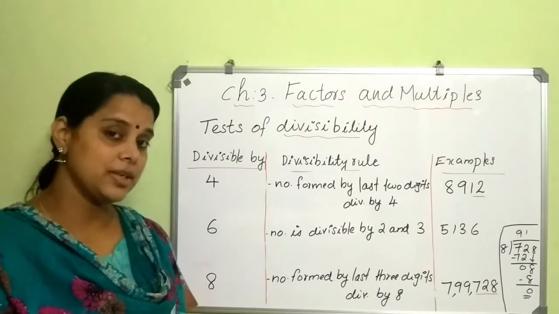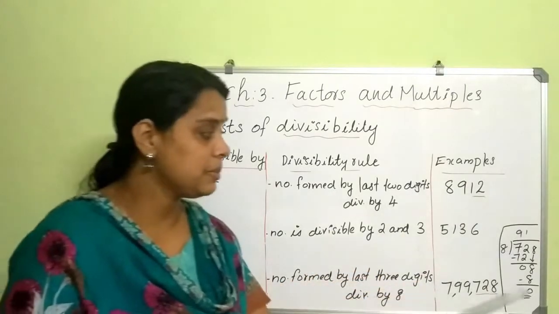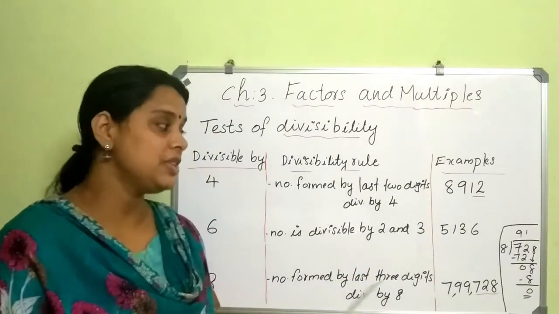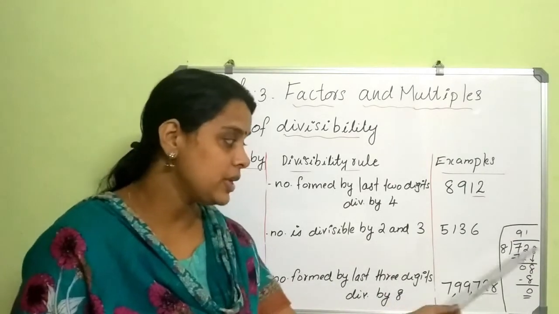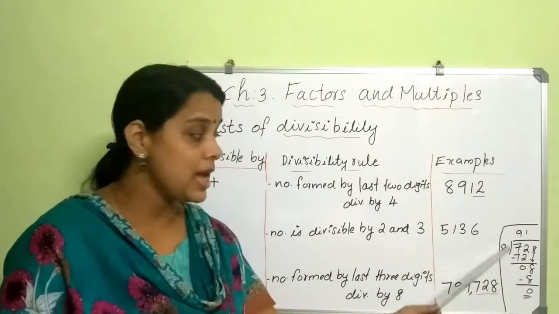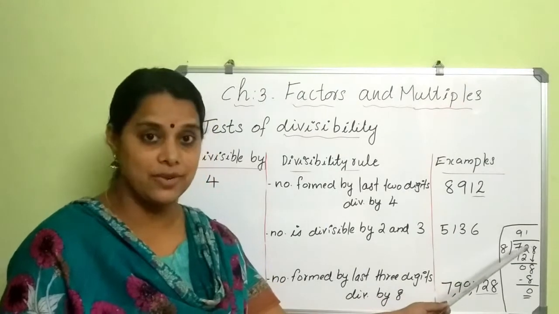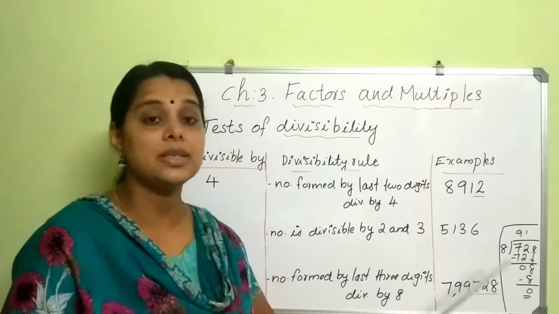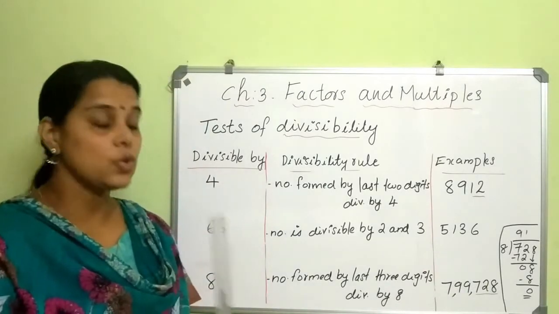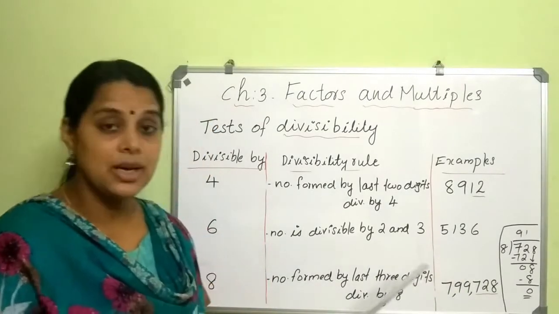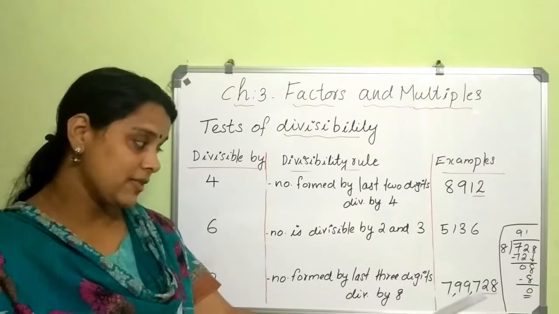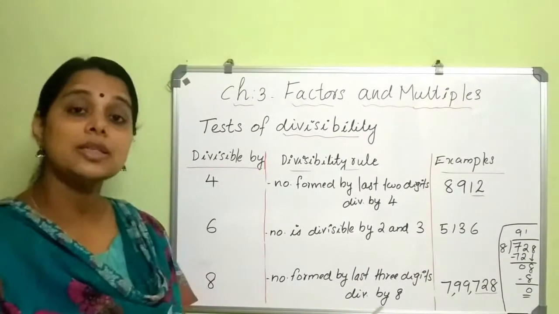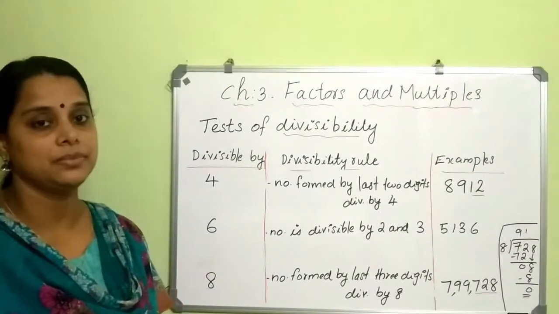How to check it? We can check it by division. You know division, how to do it. 728 divided by 8, we will get the quotient 91 and the remainder 0. So 728 is divisible by 8. So we can say the bigger number 7,99,728 is divisible by 8.